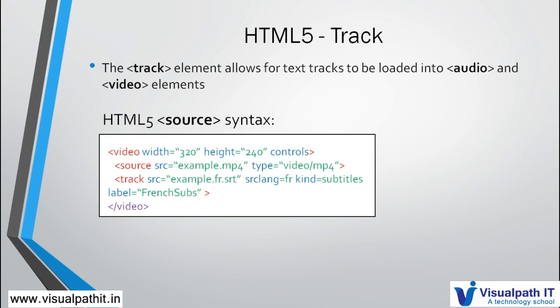Under that we give the source, which is example.mp4, then define the type, which is video mp4, then the track. Under the track tag we write source example.fr.srt, then the source language, then the kind, which is subtitle, then the label, which is French subs, and close, then the video tag closes.